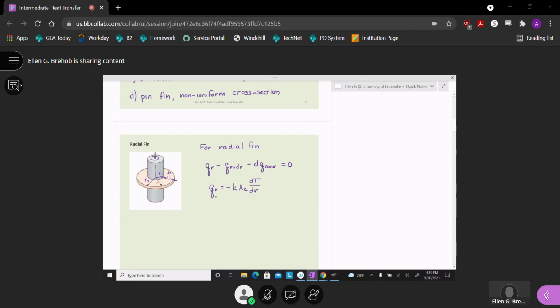Okay, and we've been doing so many things where the temperature gradient's in the X direction. Well, we haven't done a ton, but now we're going to have a driving temperature gradient in the R direction. So our driving temperature gradient now is dT/dr. Boy, I'd have to scroll back pretty far in the notes, but this equation I'm going to write for the radial fin is really very similar to what we did in the X direction.